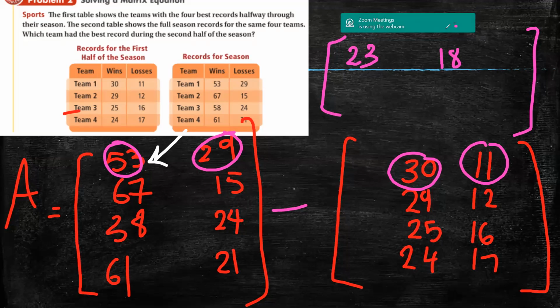No, not 36, 38, I think. 15 minus 12 is 3. 38 minus 25 is 13. 24 minus 16 is 8. 61 minus 24 is 35. And 21 minus 17 is 4. So this is now the matrix for the records for the second half of the season.